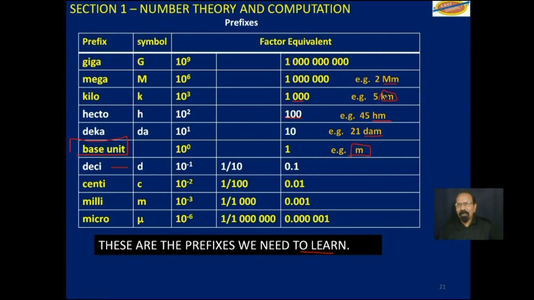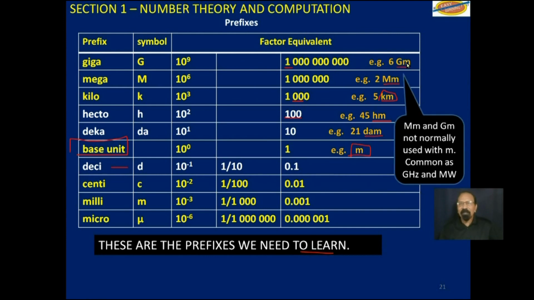Now, technically, 1,000,000 meters will be a megameter, and 1,000,000,000 meters would be a gigameter. But megameters and gigameters are not normally used with meters. They are commonly used as gigahertz or megawatts. That's going up.